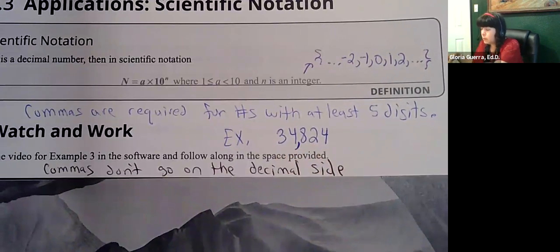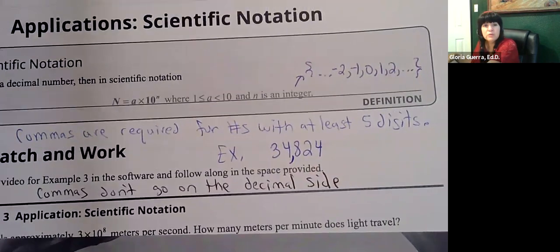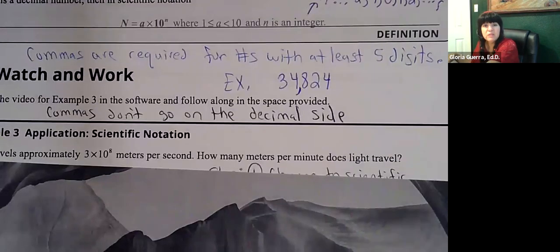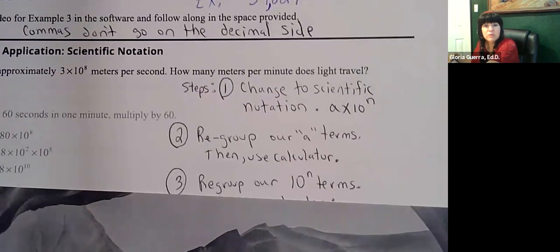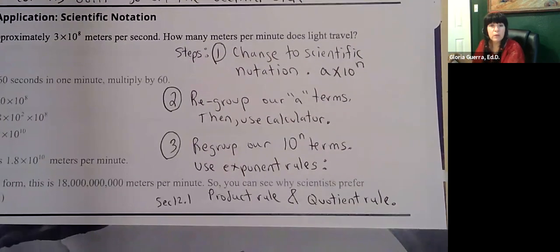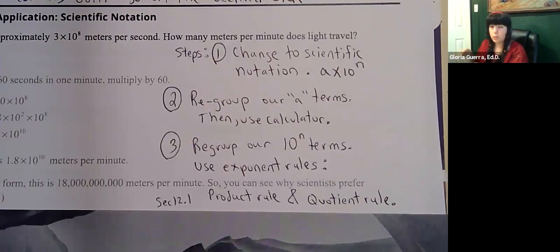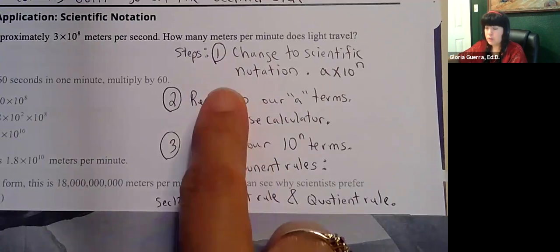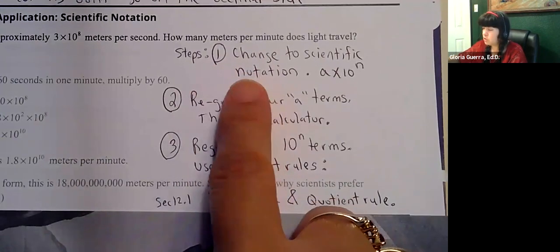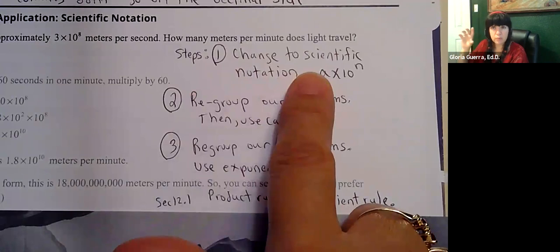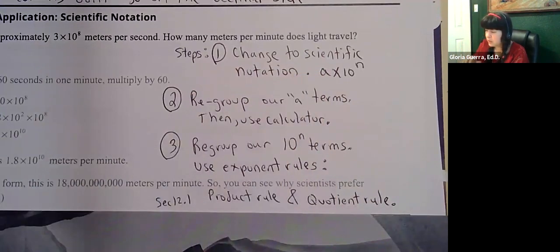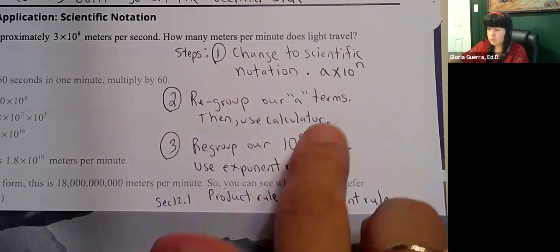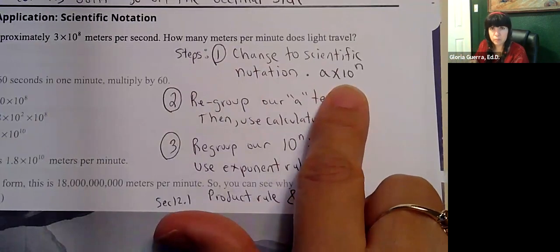Okay. The other thing we're going to write is there's these steps here. There's 3 steps that we're going to write here. And this is to help you work with calculating products and quotients that have scientific notation. So here, what you would want to do in your steps, you want to write this down. You want to change the numbers to scientific notation, which resembles a times 10 to the n.